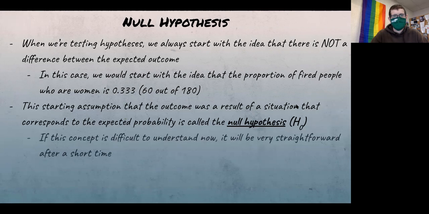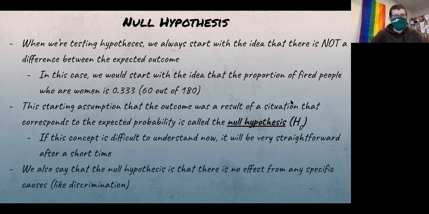Again, it's a little bit weird to try and describe the null hypothesis right now, but we're going to put this back into context, and before very long, it will make a lot of sense. So here's maybe a practical way of looking at it. The null hypothesis is that there's no effect from any specific causes, in this case of discrimination.